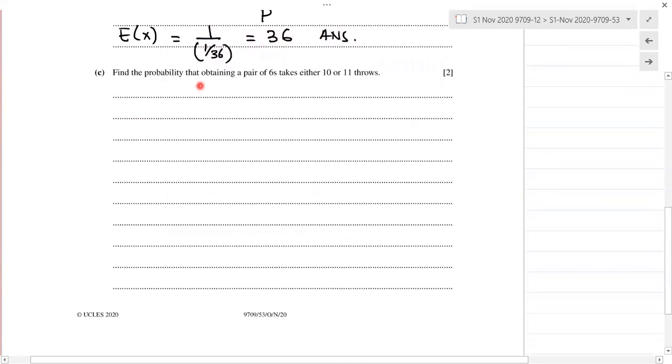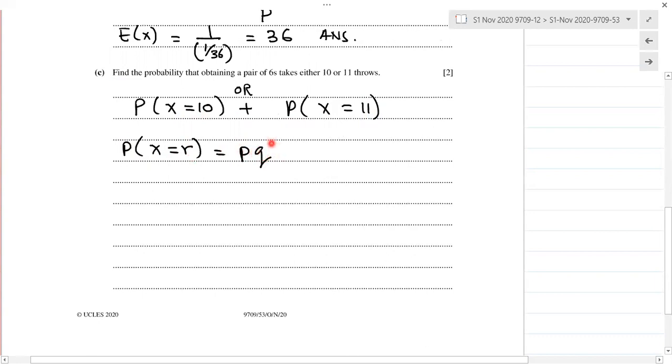Part C, find the probability that obtaining a pair of sixes takes either 10 or 11 throws. So it can take 10 throws, or, since we have 'or', we use plus, 11 throws. Whenever we have P(x = r), we have the formula for geometric distribution as p times q to the power of r - 1.